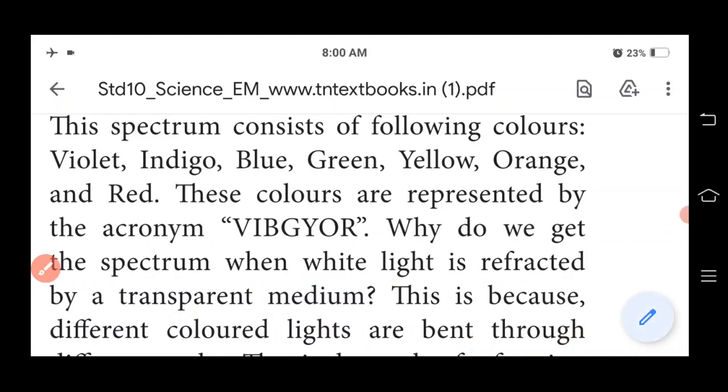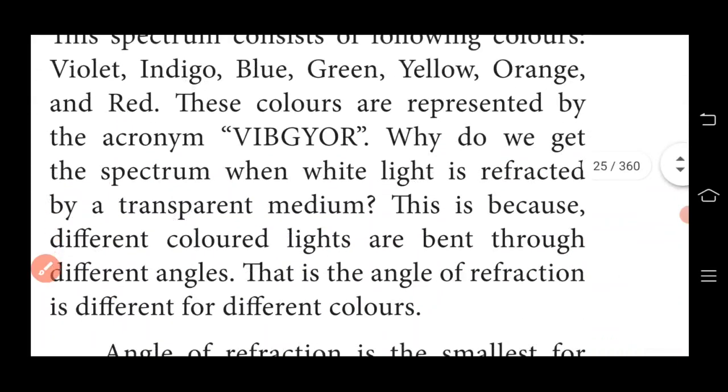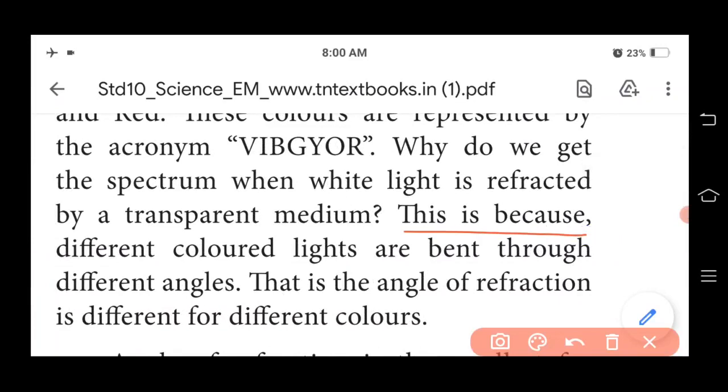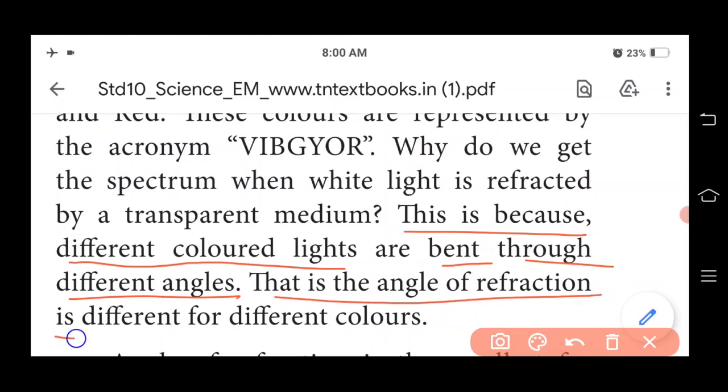Students, this is because different colored lights are bent through different angles. So that's why we get different angles of refraction for the different colors. That is, the angle of refraction is different for the different colors.